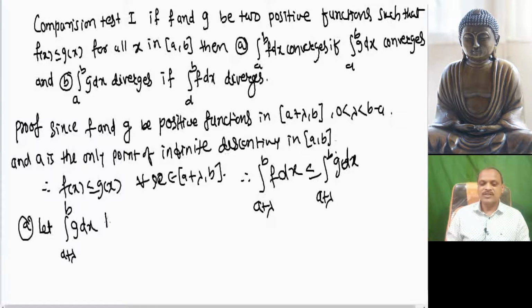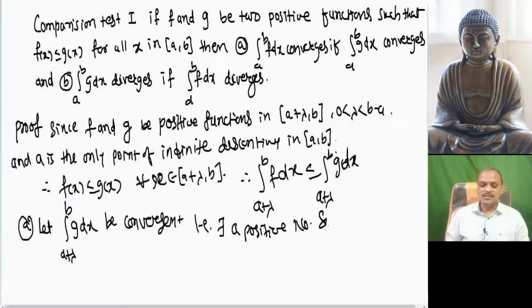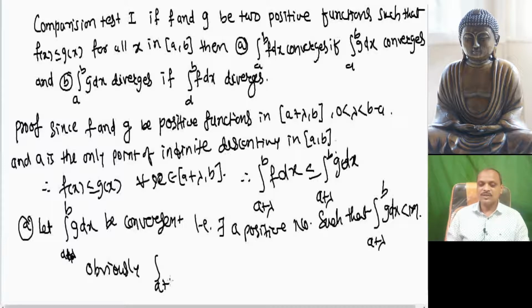If it is convergent, then we know that it is bounded above, that is, there exists a positive number capital N such that the integral of g dx from a plus lambda to b is less than capital N, and obviously we get that the integral of f from a plus lambda to b is also less than capital N by equation number 1.